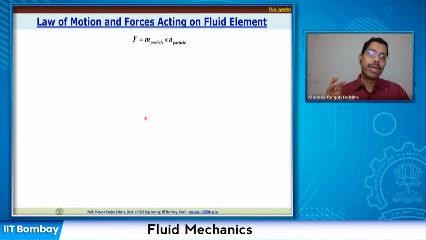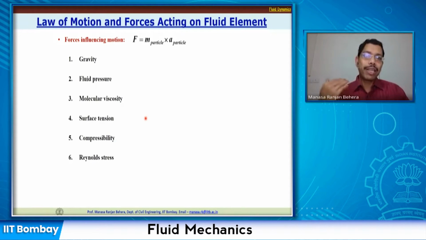Now mass is the mass of the particle or the fluid element. Now what are the different forces that are going to act on the fluid element? If we look at the forces that are influencing the motion, we can name major forces: gravity or the body force; then there is a pressure force, which is fluid pressure; then there is molecular viscosity or the viscous force.